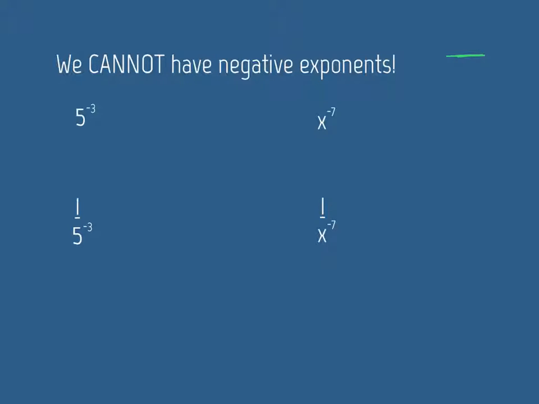A positive exponent, more clear in our example, 5 to the negative third power is actually going to be the same as 1/5 to the third power. So all you're doing is you're taking the base, you're changing it into a fraction, and then you're changing the negative exponent to a positive exponent.